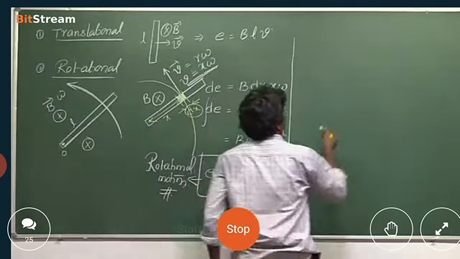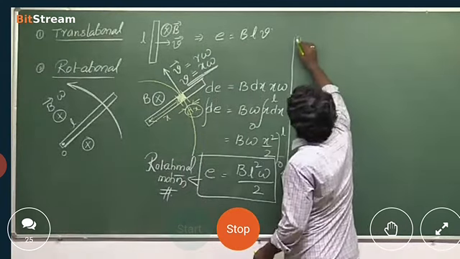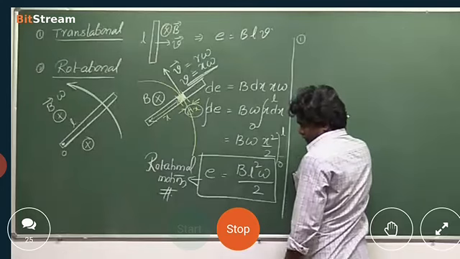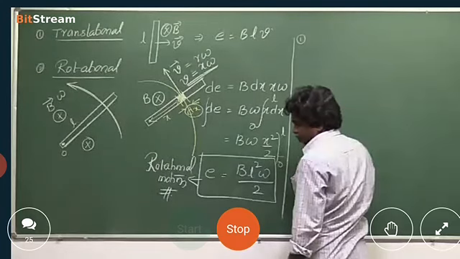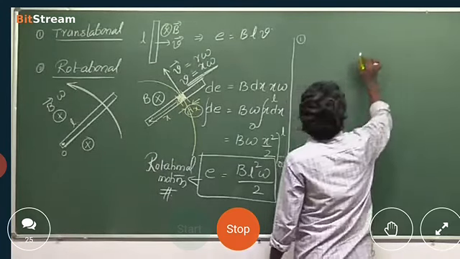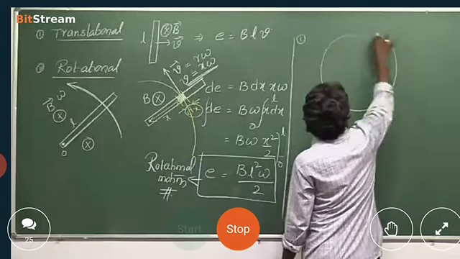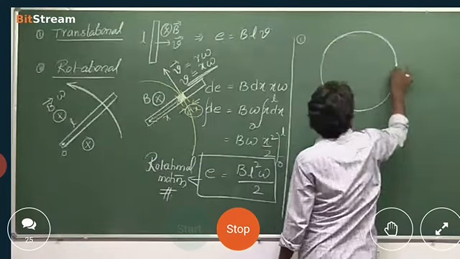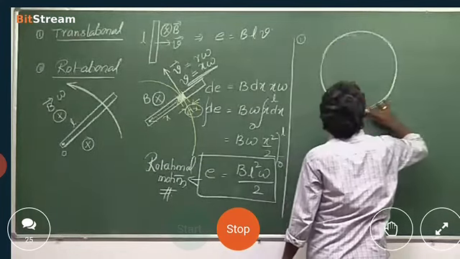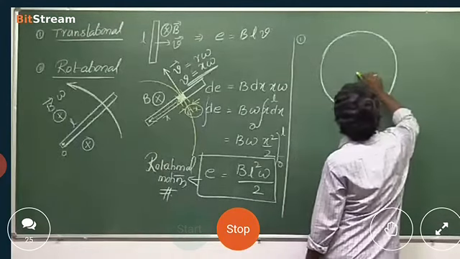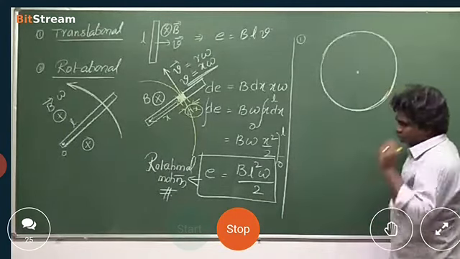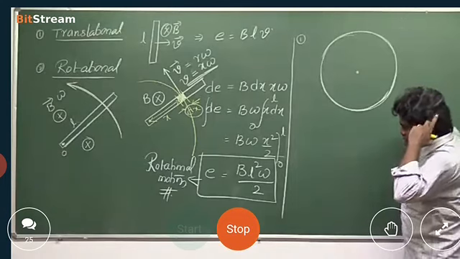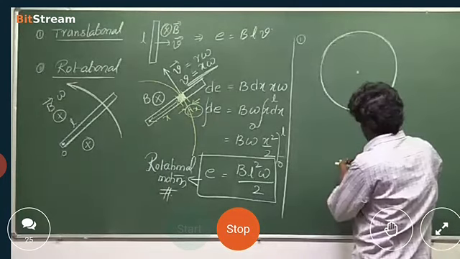Okay. Now, see this one. Ready? Anyone is writing? Now here is a bicycle wheel. Listen. This was maybe in your BSc or MSc entrance. You have this question.